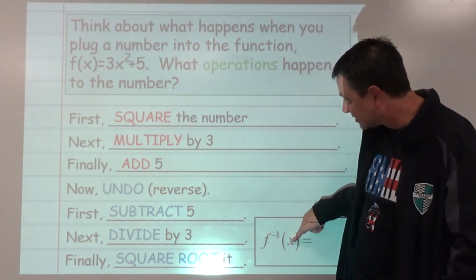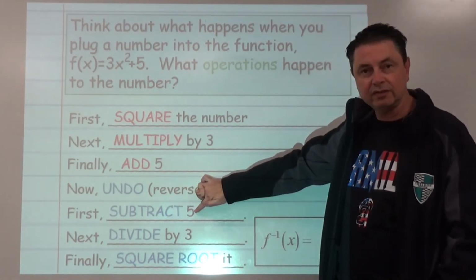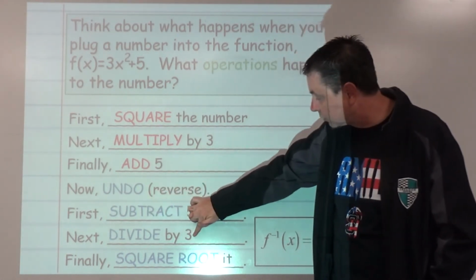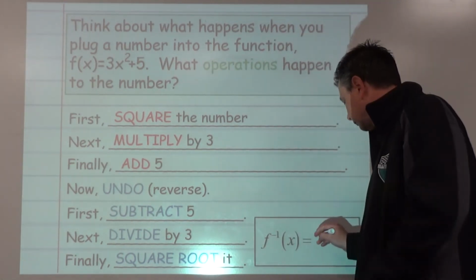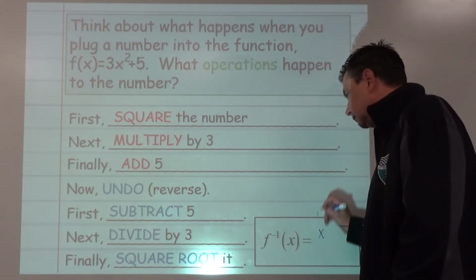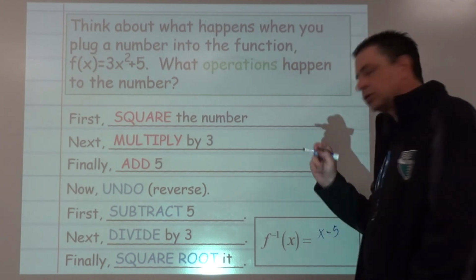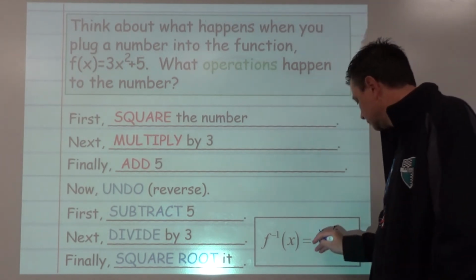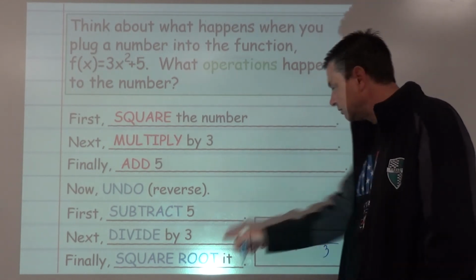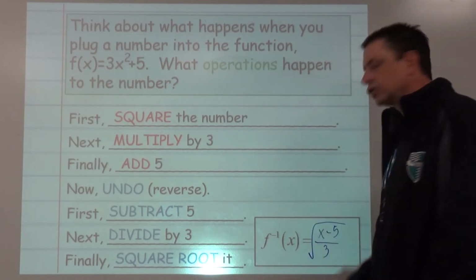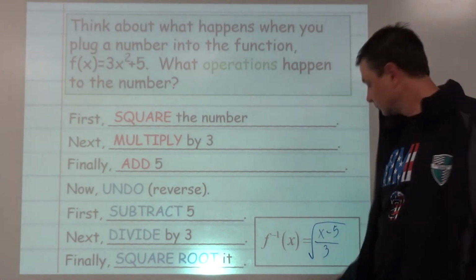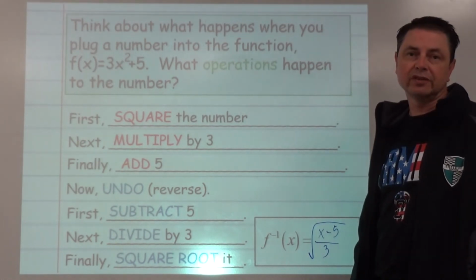We took our x, we're going to subtract 5, divide it by 3, square root the whole thing. That's our f inverse of x.